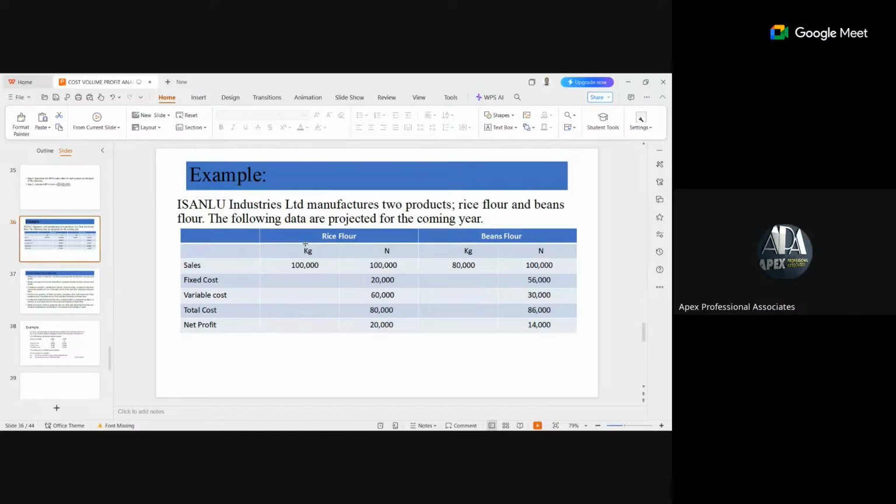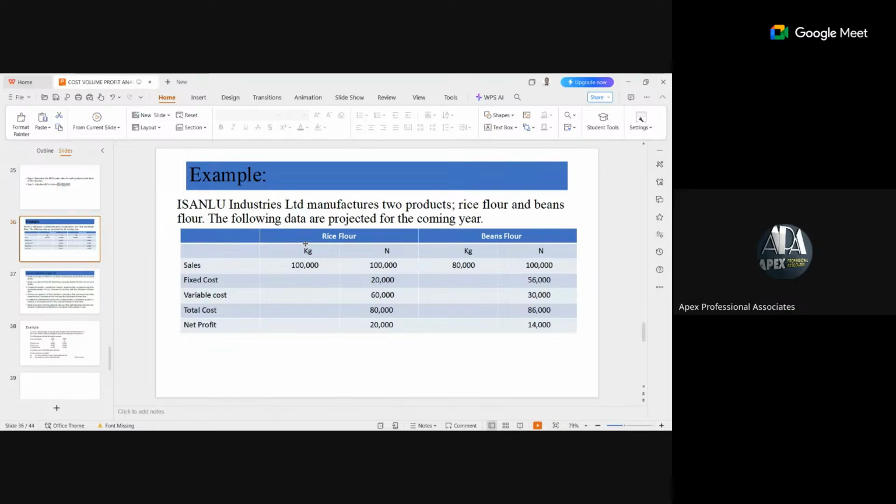So the question is not asking you to do that, but you should be able to interpret in that light. Yes. For beans flour, sales of 80,000 kg or so, which yield sales of what? 100,000. So you should know the value of 1 kg in terms of Naira.